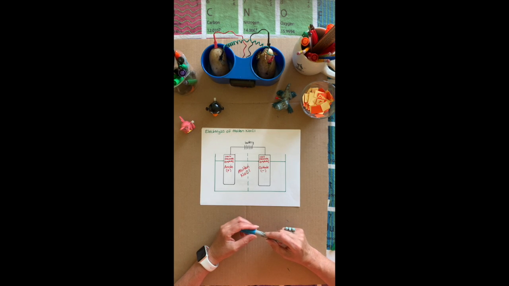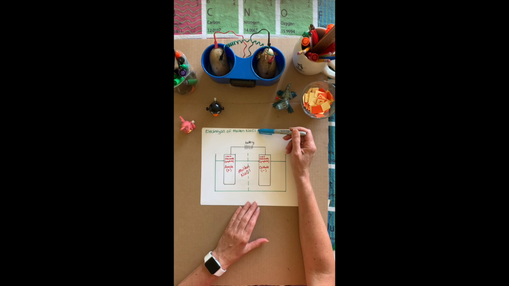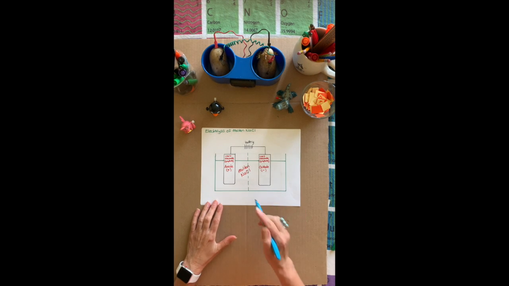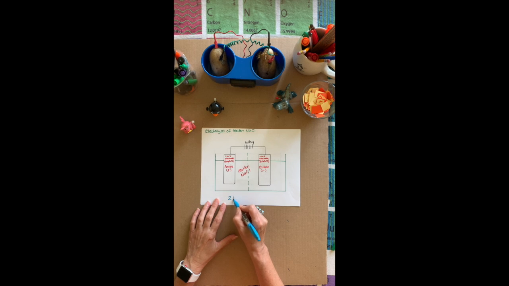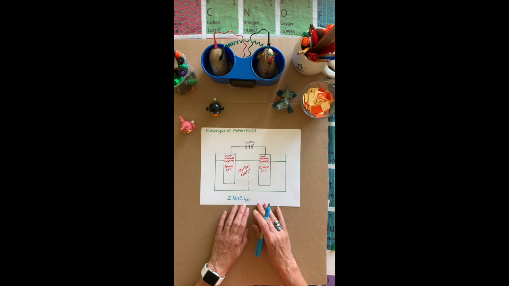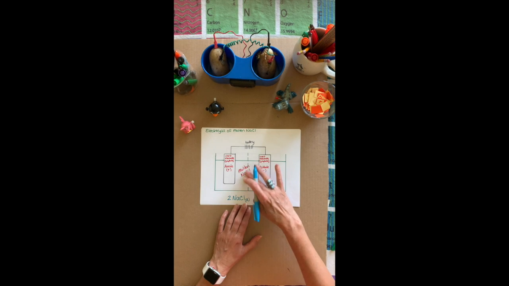So a simplified view of electrolysis is shown here. This is going to be an example of molten salt. What happens in this electrolysis is that you take sodium chloride and melt that down into liquid form, and that's going to be right here in this container.